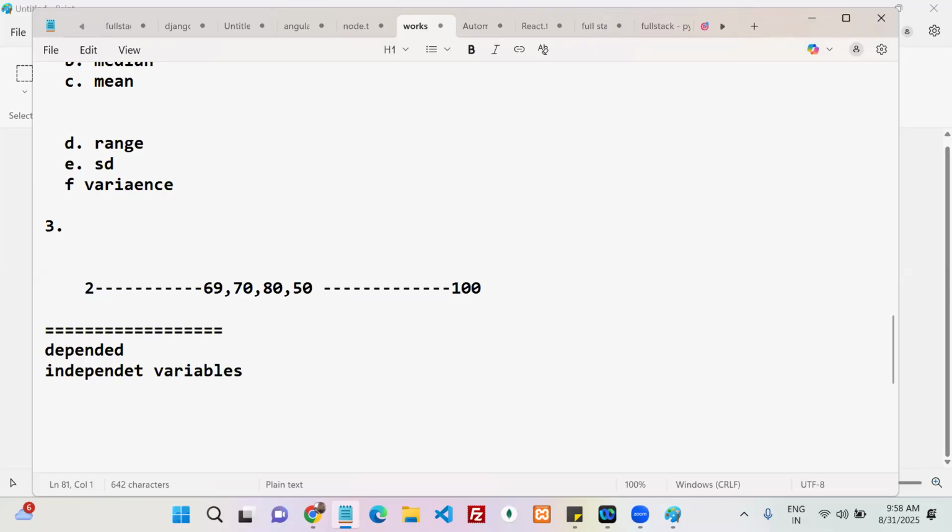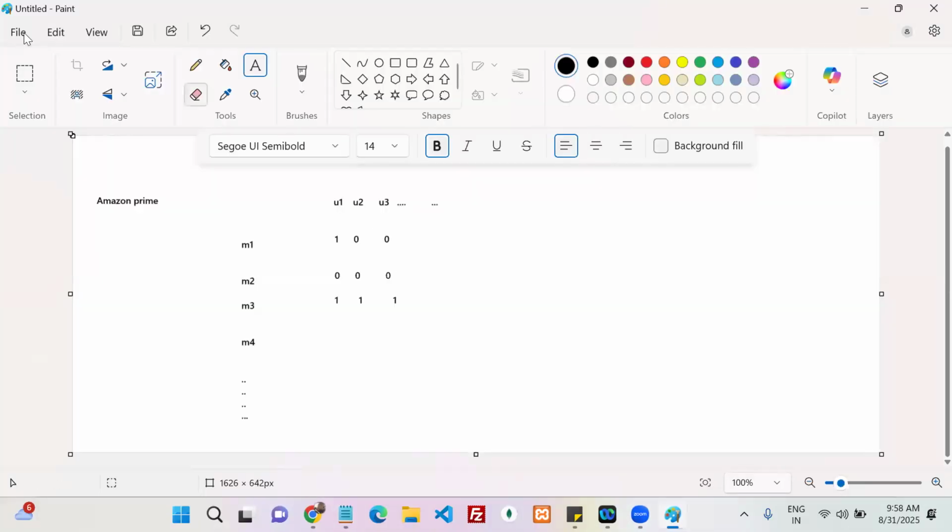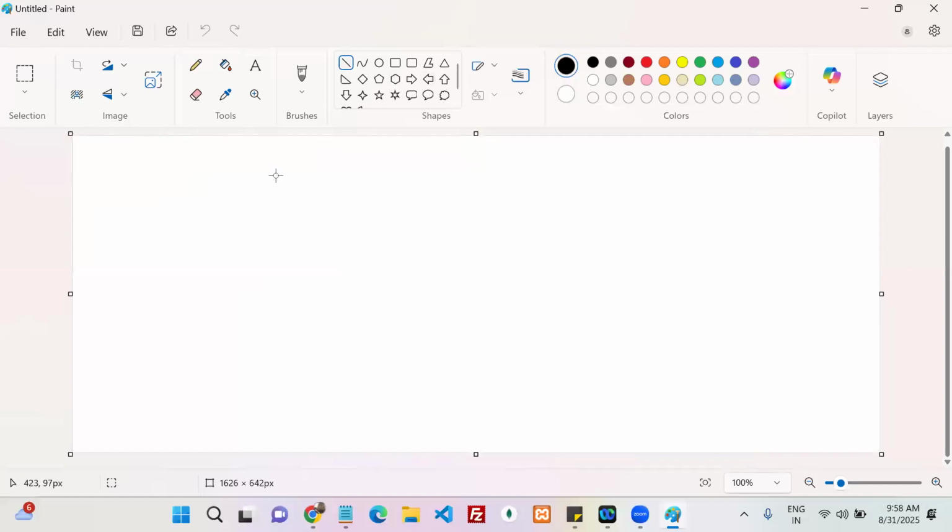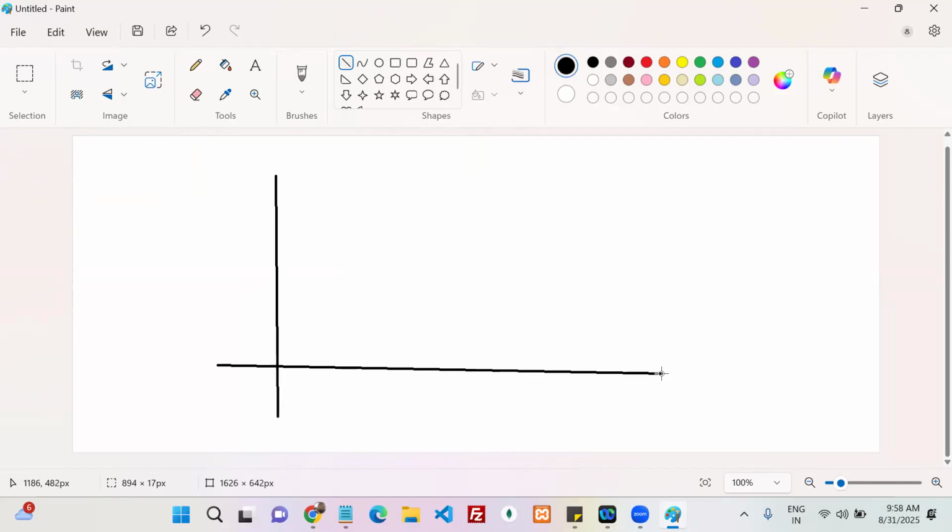Let's take one simple graph so you can understand. I want to draw one graph, something like this.